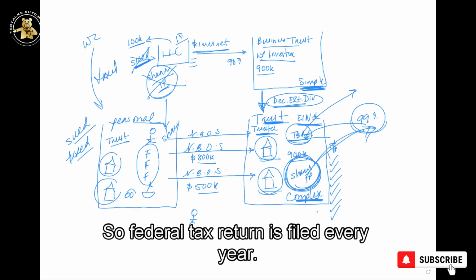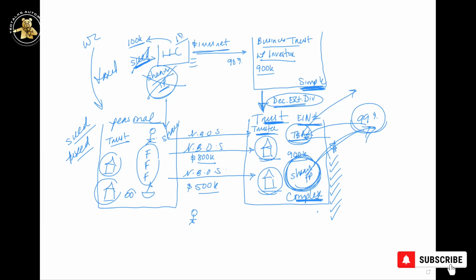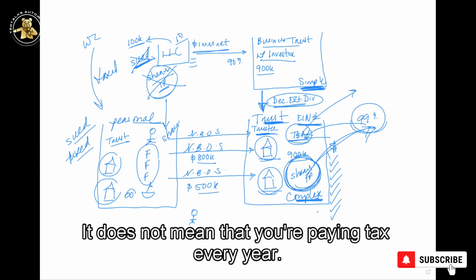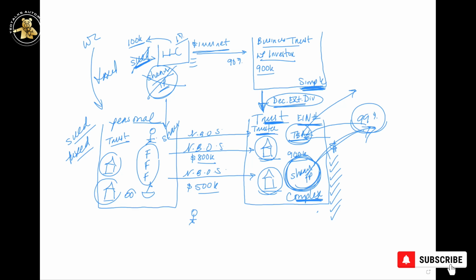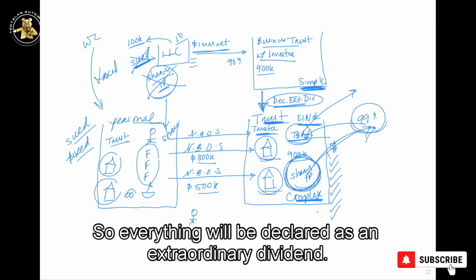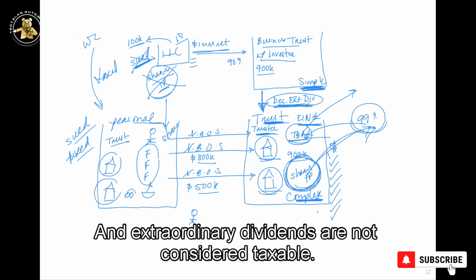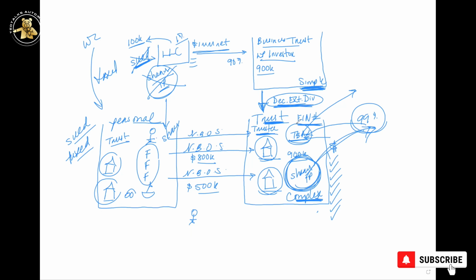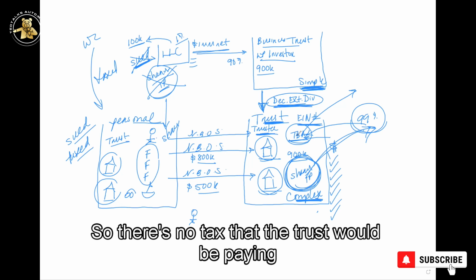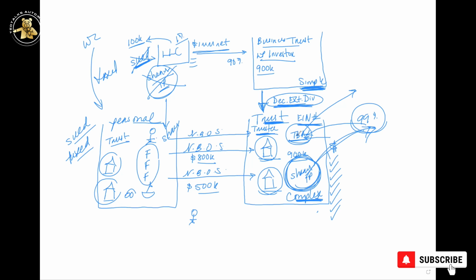So a federal tax return is filed every year. It does not mean that you're paying tax every year. So everything will be declared as an extraordinary dividend, and extraordinary dividends are not considered taxable. Okay. Gotcha. So there's no tax that the trust would be paying at that time.